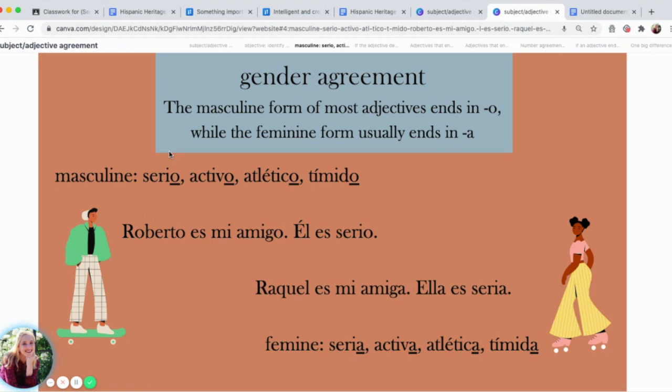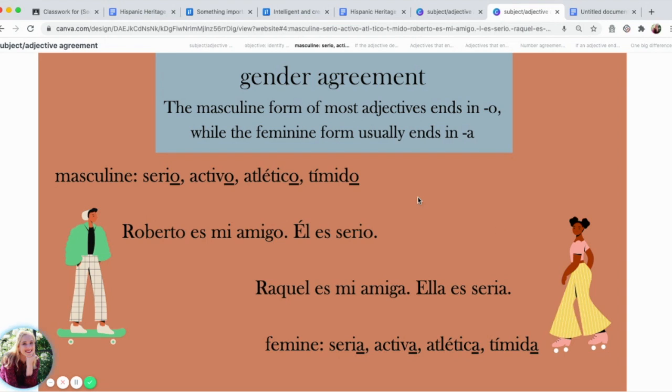But when we're talking about people, for example, in English, if we are describing Maria and Marco, so we have one boy, one girl, we don't change the adjective to match a gender. So we say Marco is tall and Maria is tall. The word tall doesn't change. Even though Marco and Maria have gender, it doesn't really matter when we use adjectives. But in Spanish, in Español, it does matter.